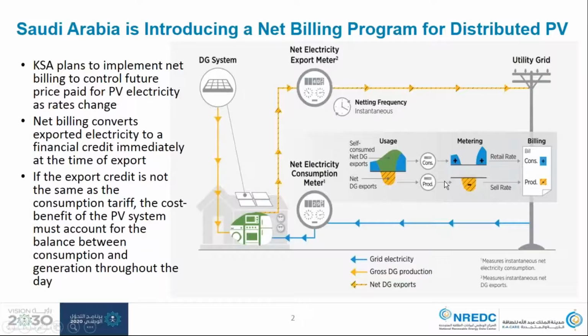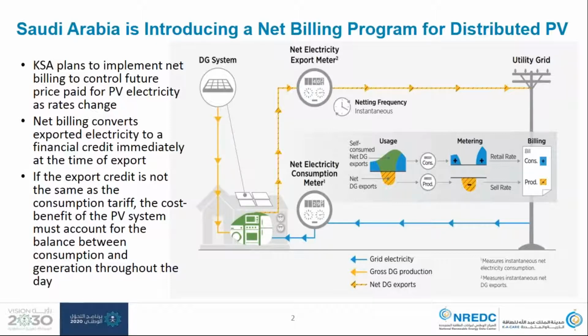Okay. So Saudi Arabia is introducing a net billing scheme for distributed PV, and it might be a surprise to hear that there is currently no regulation in Saudi Arabia that allows people to install PV that's grid connected in the distribution system.